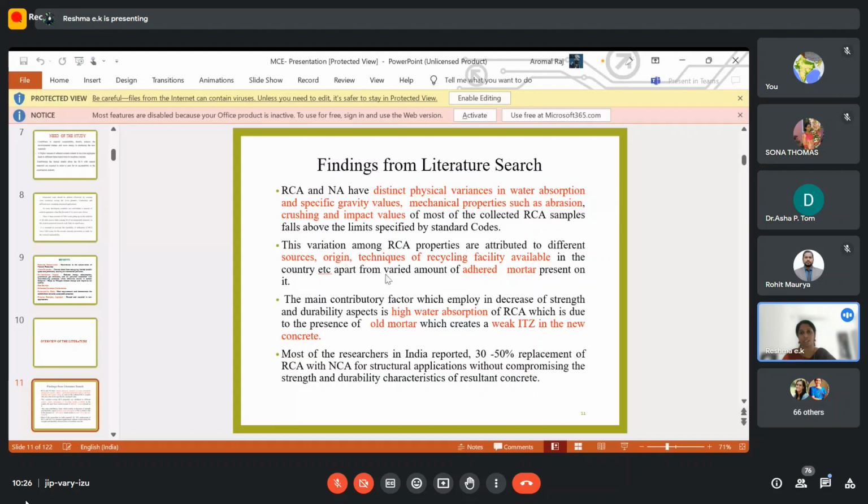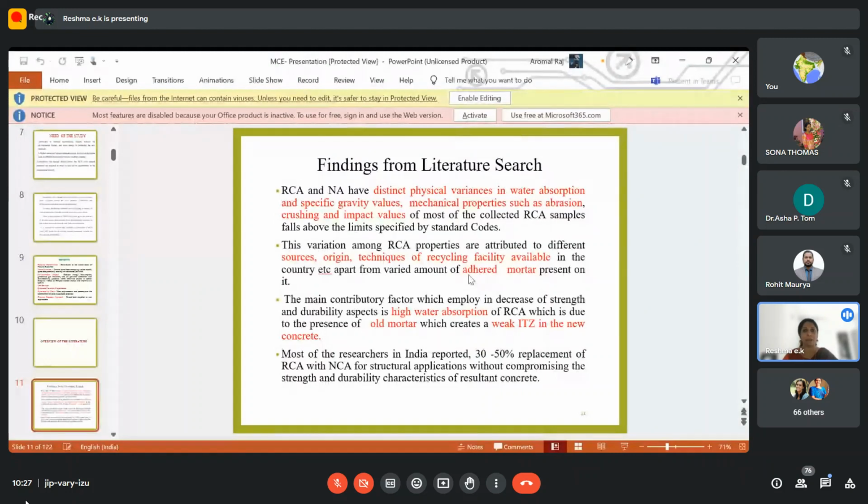And then, techniques of recycling: facilities are available in foreign countries. In a few countries it is available, but in India we have very few recycling facilities. The first recycling plant is in Burari, Delhi, and I think Delhi now has two more plants. Together they recycle 2,000 tons per day, I think. And one more we have is in Ahmedabad.